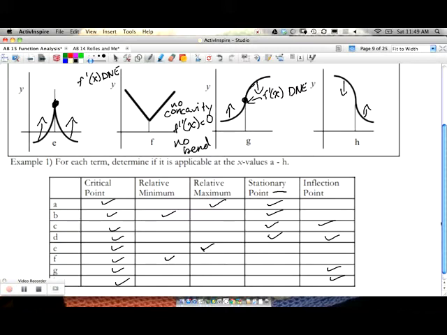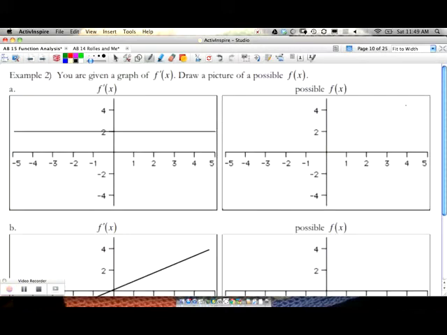Now let's apply this understanding into actual graphs. So right now, when I'm looking at f prime of x, I'm looking at, is it positive above the y-axis or is it negative below the y-axis? Because that's going to translate into a function over here. And in fact, this one's positive.